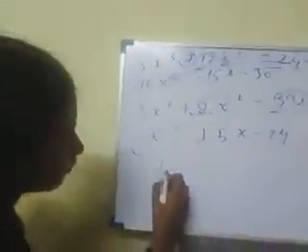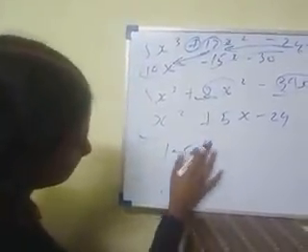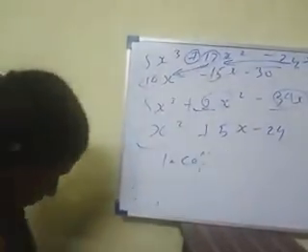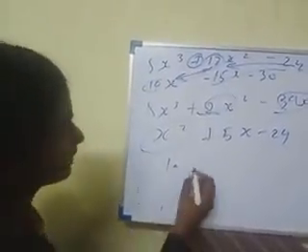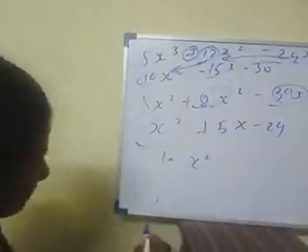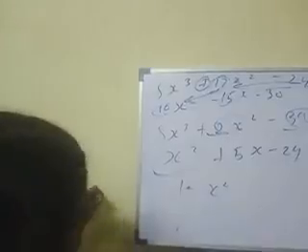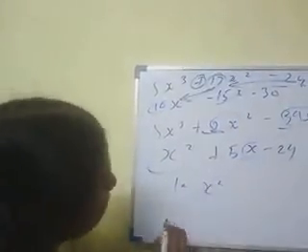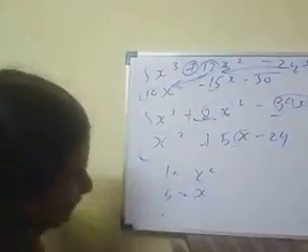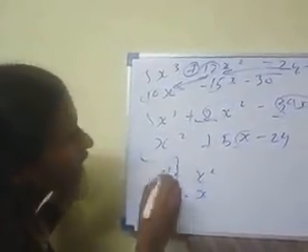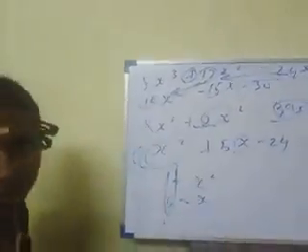There is no number, so 1 is the coefficient of x². And the 5 is the coefficient of the x here. So where there is a variable, the number coming in front of it is called the coefficient.